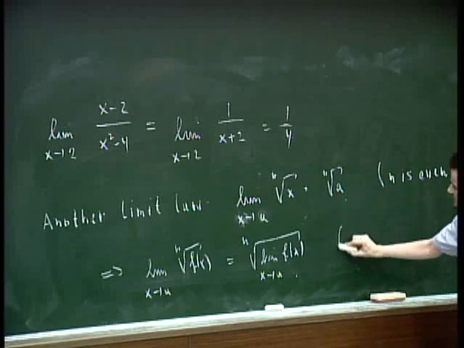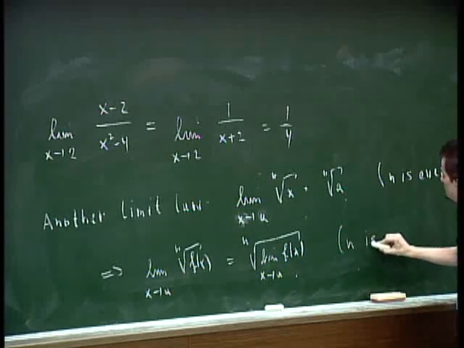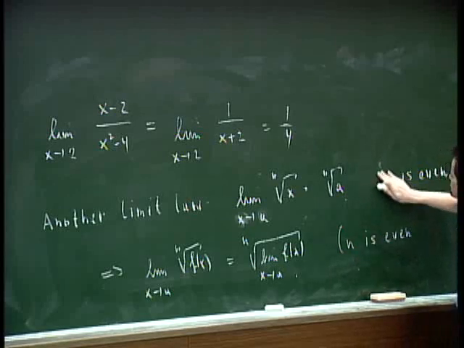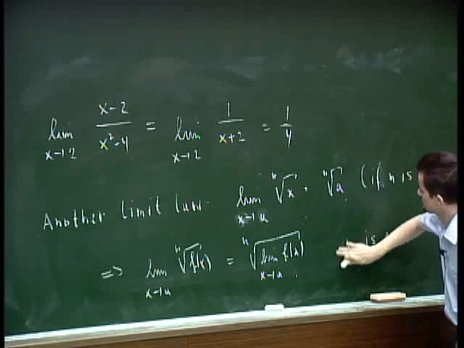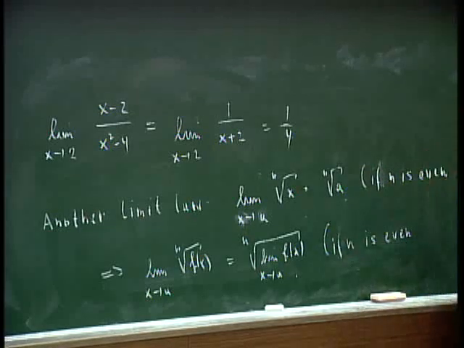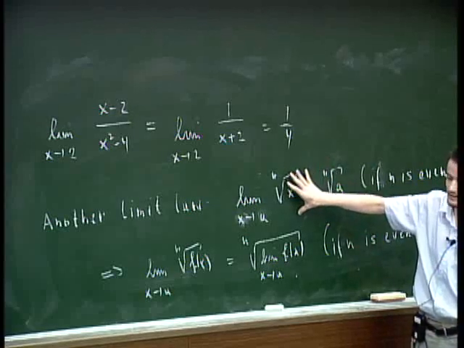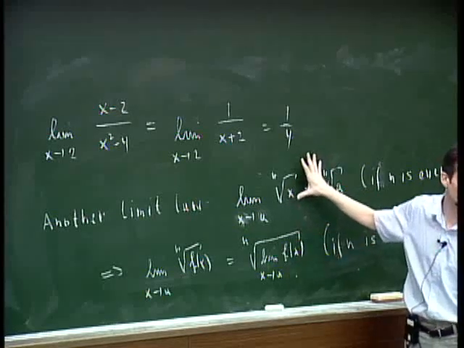Any questions? Now, again, if n is even, then this limit must be larger than 0. Okay, so we first have to prove this by using the epsilon delta definition. Later on, we will see this will follow from this.